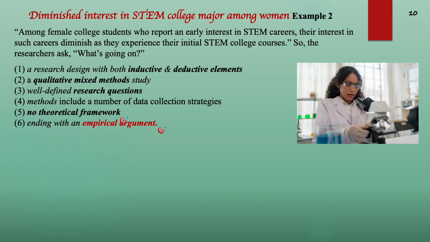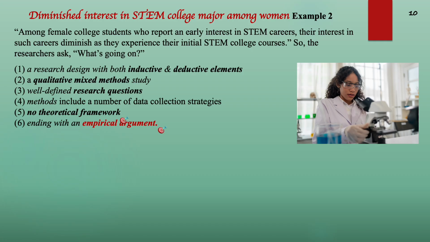What happened that led to these young women's decline of interest in pursuing a STEM career? Some college administrators claim that it could be the students' poor academic proficiency in math and science. The researchers wanted to investigate this as well as look at other potential factors.